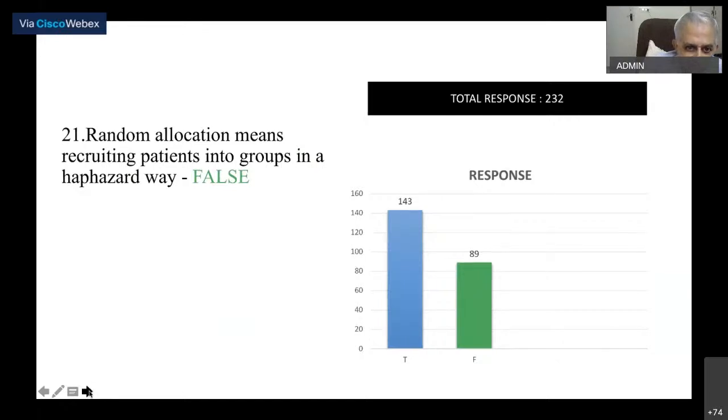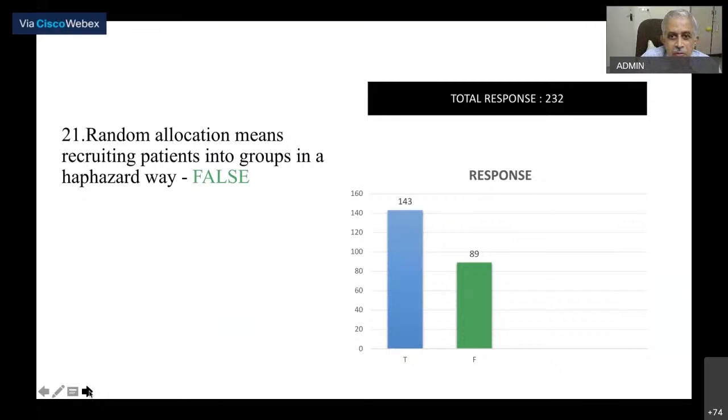Random allocation means recruiting patients into groups in a haphazard way. This also many people have got wrong. There are two things that I was telling: one is random selection and second is random allocation. Random selection comes in sample collection.